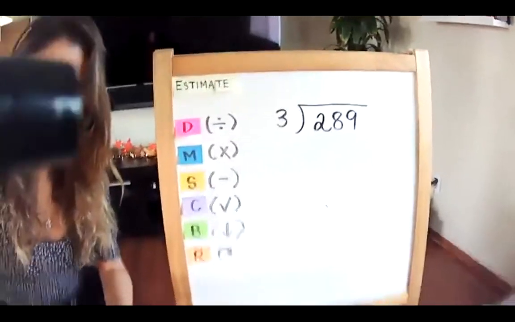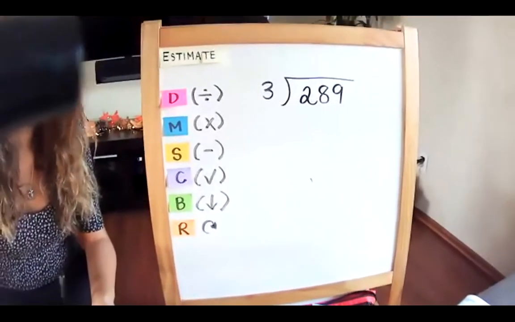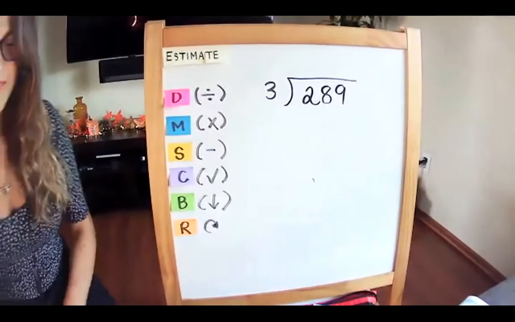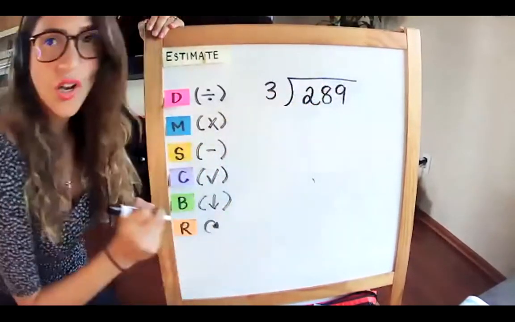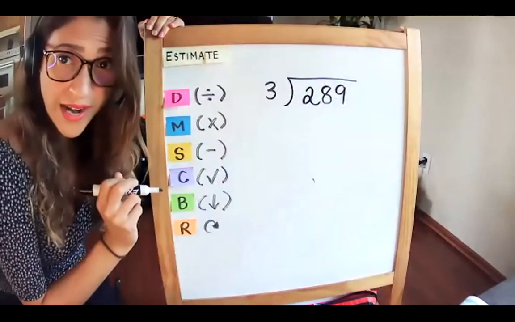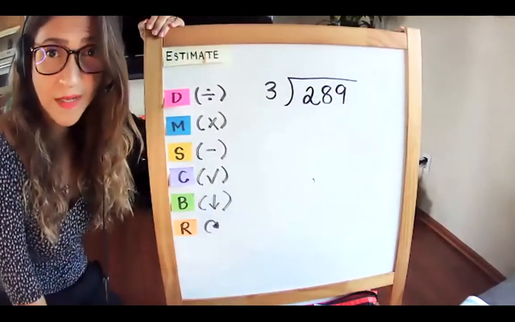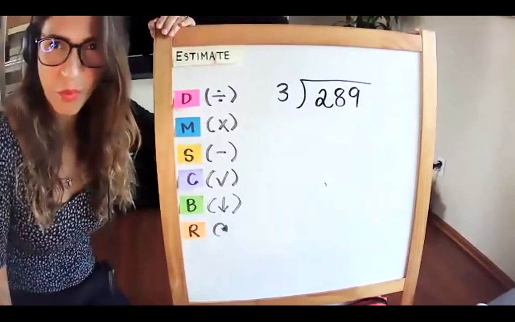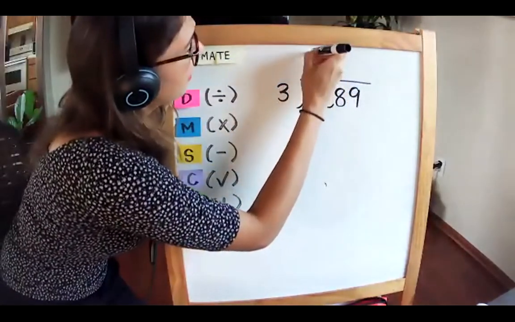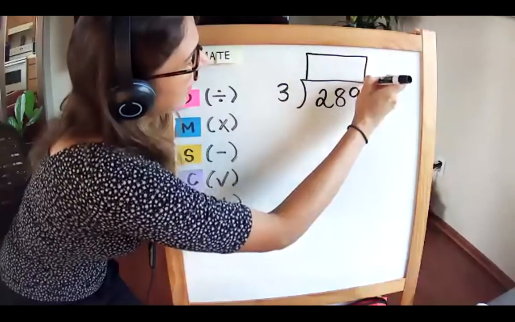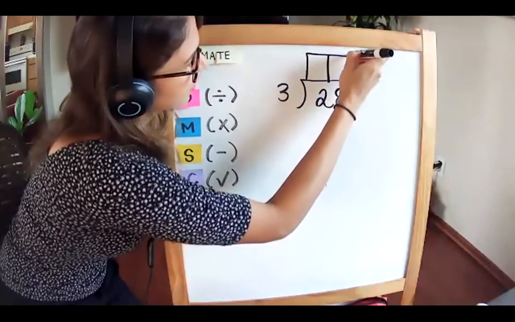I'm trying to make sure you can see the whole board, because I'm going to have to use the whole entire board. All right, let's continue. How many boxes should I draw above my 289? 3 boxes. I want to hear some more people speaking up. Thank you, Danielle. 3 boxes because our dividend has 3 digits.